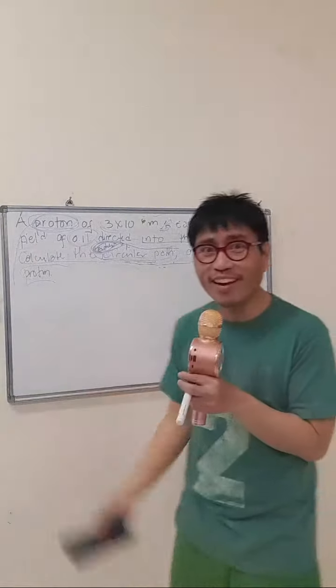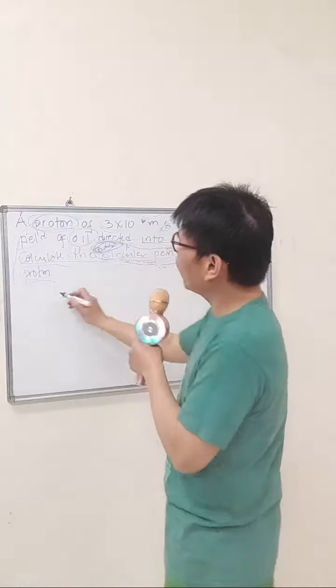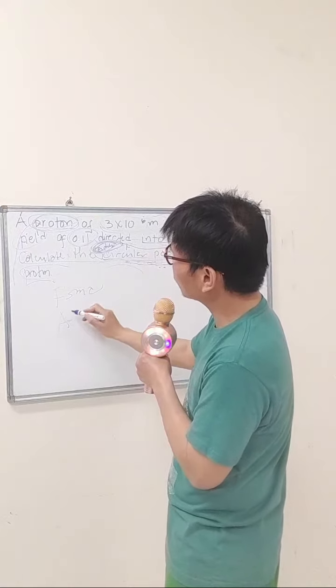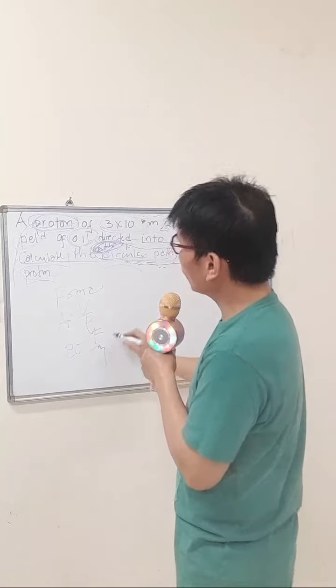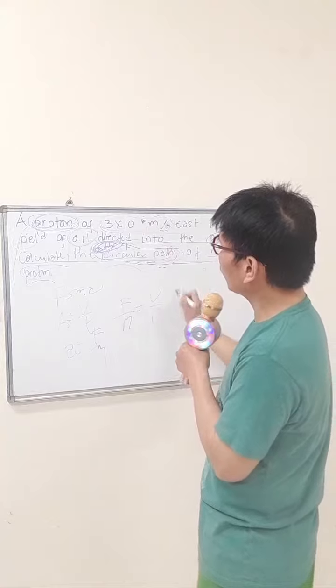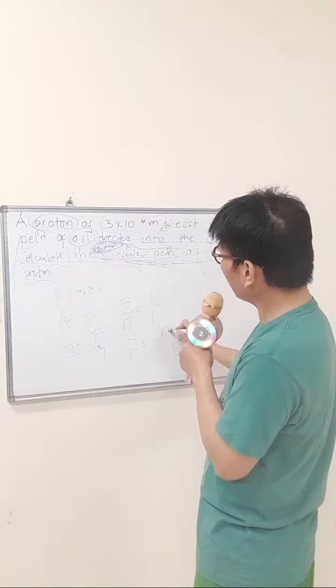I did this quickly, guys, like I did when I was in college. So given force is equal to mass times acceleration, and then acceleration is equal to velocity over time, then acceleration is equal to force over mass. Therefore, force over mass is equal to the acceleration v over t, then you can compute for the force is equal to mass times velocity over time.